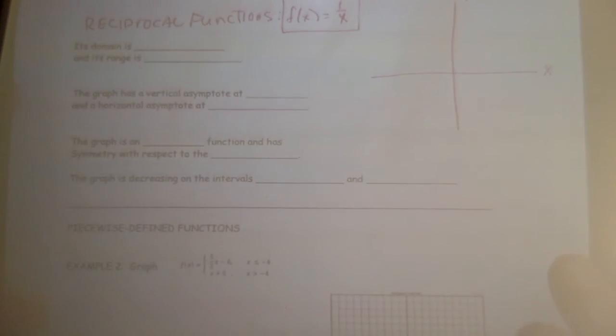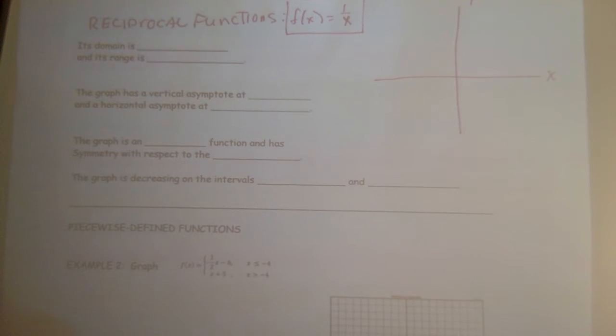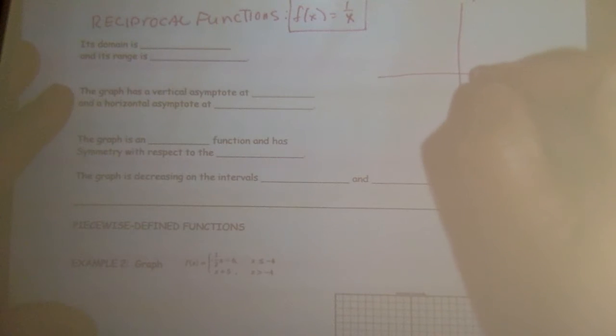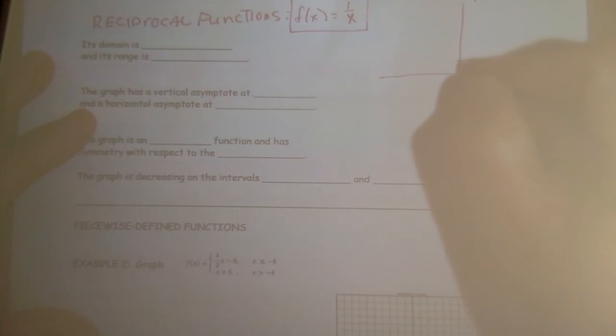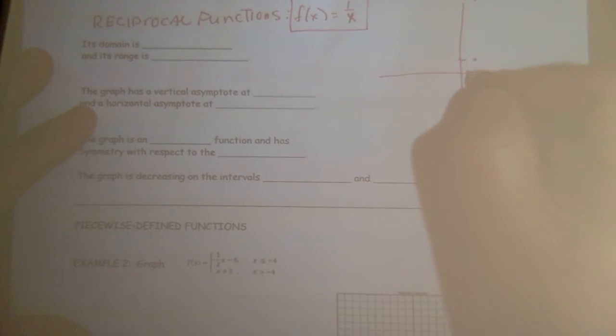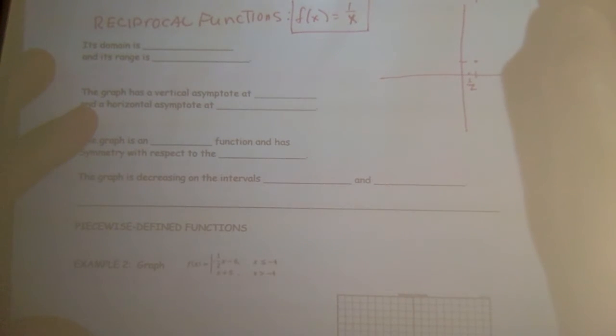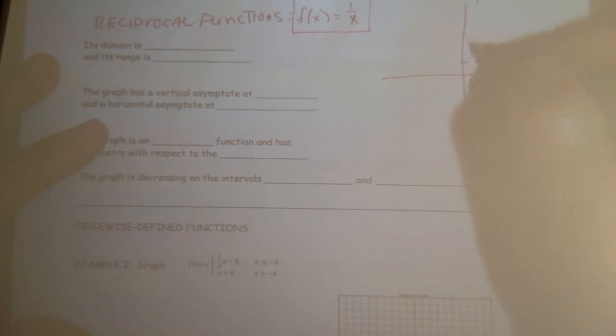Okay, can you plug in 0 for the x? No, because you'll get a 0 in the denominator. Alright, what do you get when you plug in 1? 1. What happens when you plug in 1/2? What is 1 over 1/2? 2.